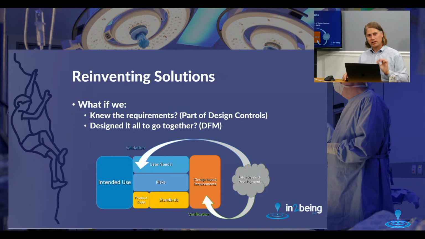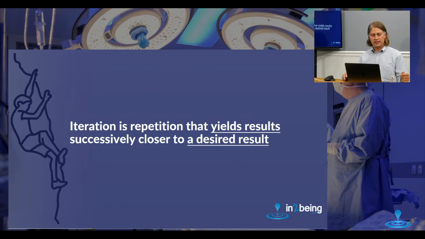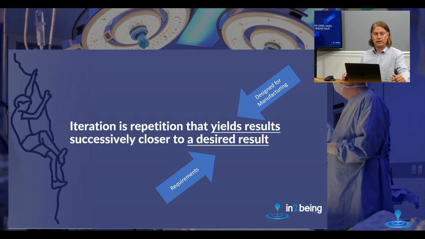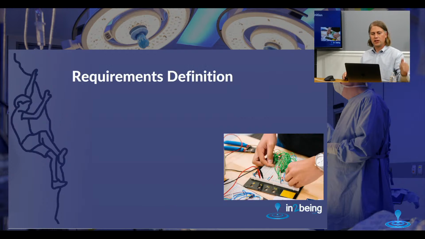What's more here is that we have to realize that these iterations are created by interdependencies. Remember this, we said before, iteration is repetition that yields results. That's our product designed for manufacturing. Making it successively closer to a desired result, which is our requirements? Well, let's talk about each of these. We're going to talk about requirements first for just a minute.